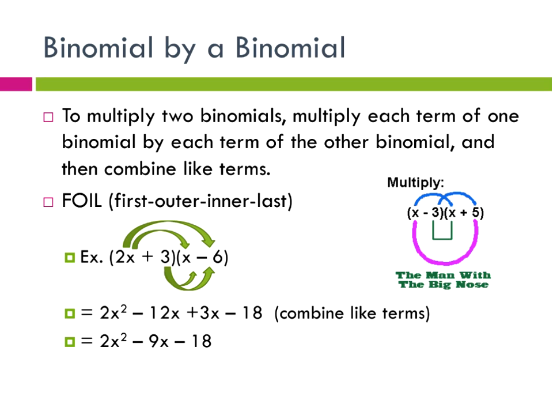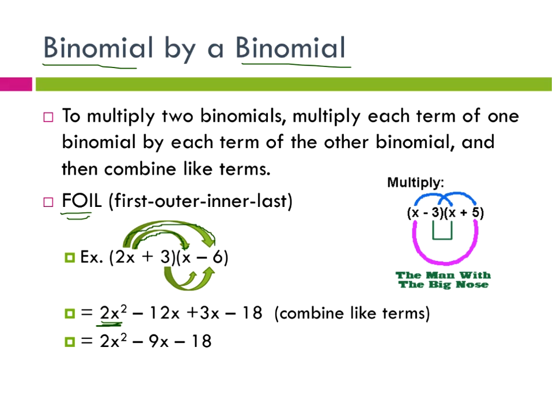What we haven't maybe worked with before is this idea of a binomial by a binomial. This is where we look at that idea of FOIL. And in foiling this, you can see I multiply the first term in each of them. So my first term of 2x times my first term of x would give me 2x squared.